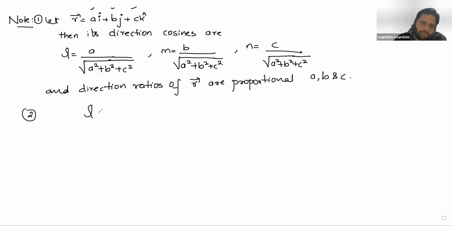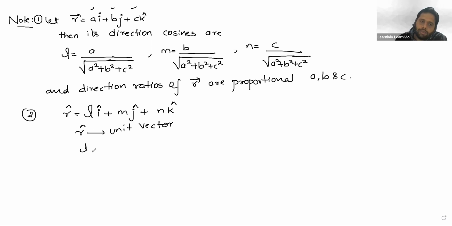So with the help of direction cosines, if you form a vector, then always remember that vector will be a unit vector. So we can say that r cap is equal to l i cap plus m j cap plus n k cap. This is the unit vector.